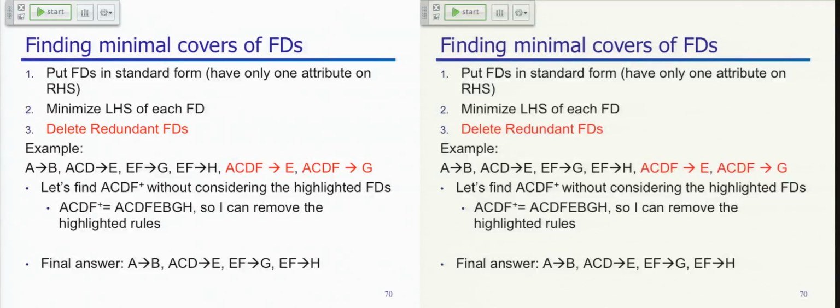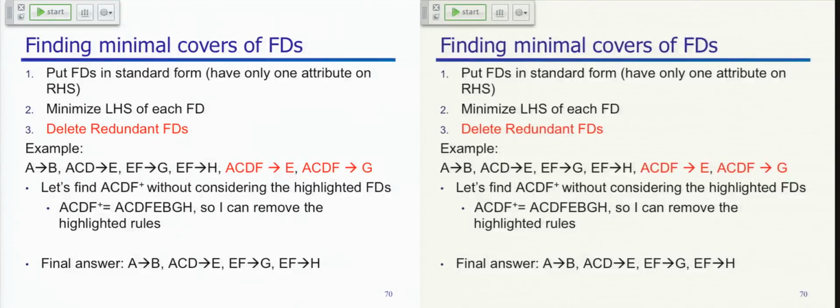I don't really need it. And I'm going to do the same thing with ACDF. Make sure you're not dropping multiple rules at the same time. Right? So drop that one.